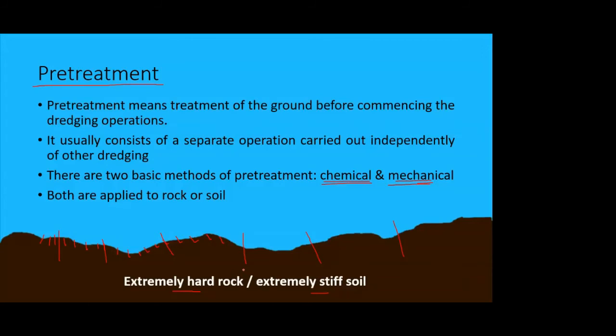We are not intending that it just loosens up and then disperses into the water. We don't want that. We just want to loosen it up so that when we put a cutter at that location, that cutter will be able to easily cut that material. So no extra force will be required. So that's why the pre-treatment comes into picture.